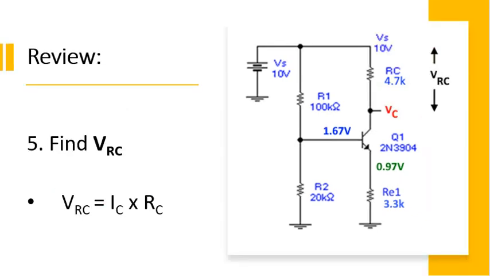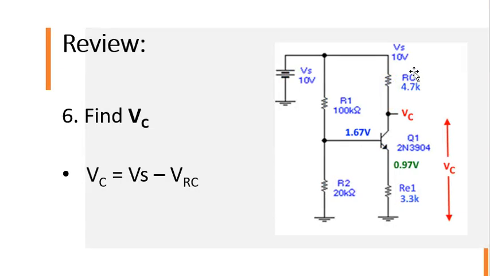We know our emitter current. Now what we can do is find our collector voltage. We use Ohm's law again: voltage is equal to I times R. And now we can know what our voltage across our collector resistor is. Once we know our voltage across our collector resistor, we can find our collector voltage.